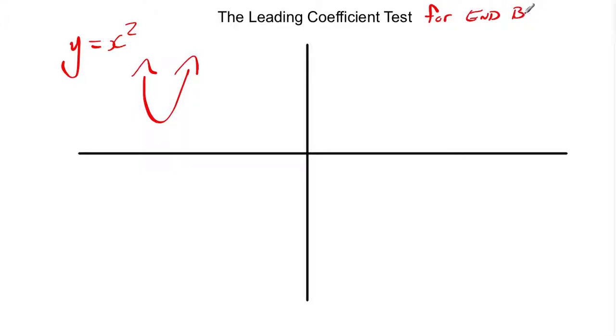End behavior means as the graph goes to the end, what does it look like? So for this parabola, as I go to the right end, what's happening with this function? It's going up to infinity. As I go to the left end, what's happening to the function? It's also going to infinity.